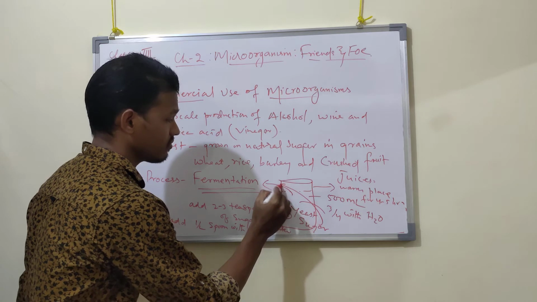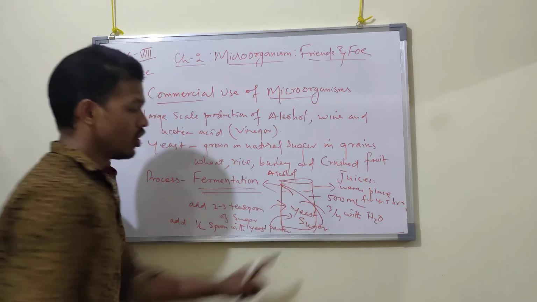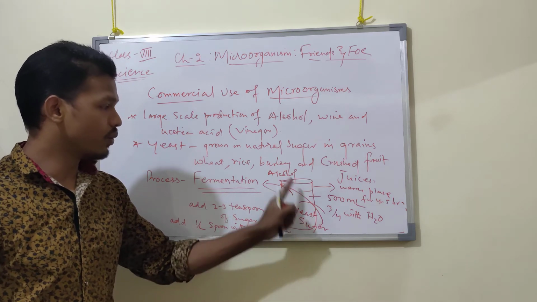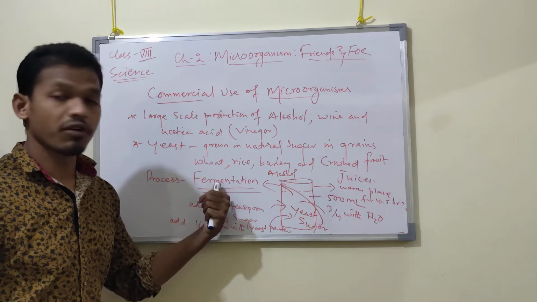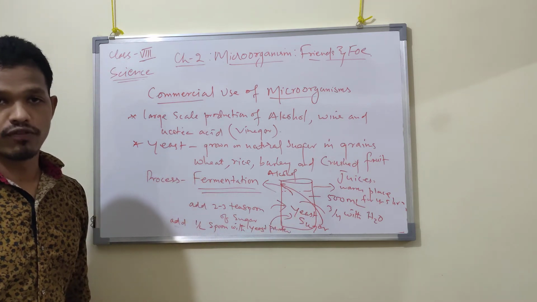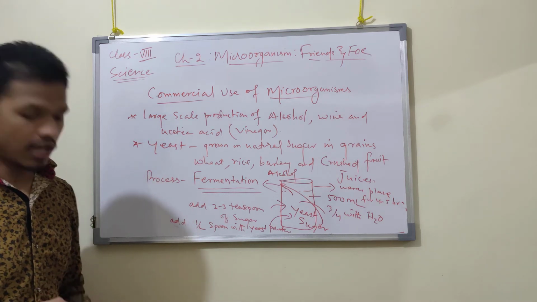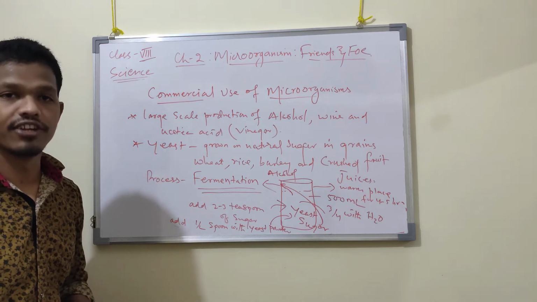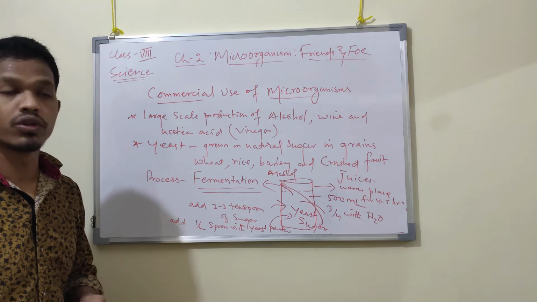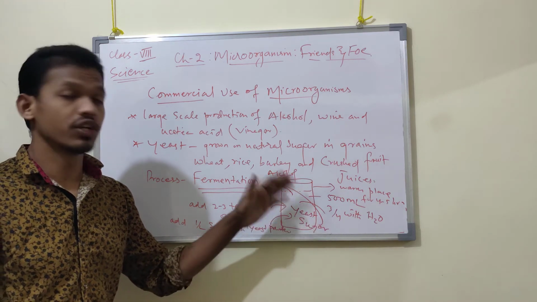The process of converting sugar into alcohol is known as fermentation. Yeast plays the important role in converting sugar into alcohol. This is how alcohol is prepared on a large scale. In industries and factories, they use a large number of yeast to convert sugar into alcohol.